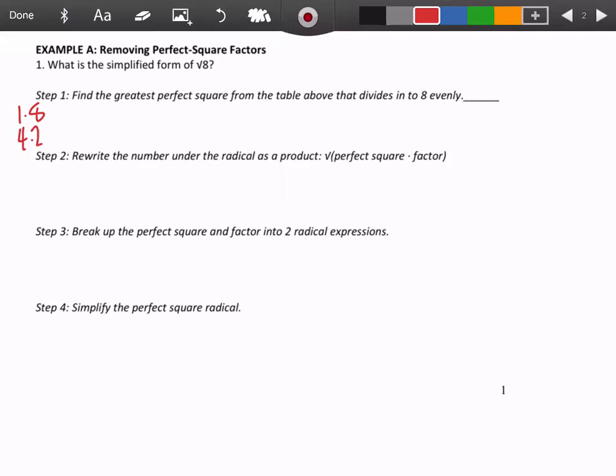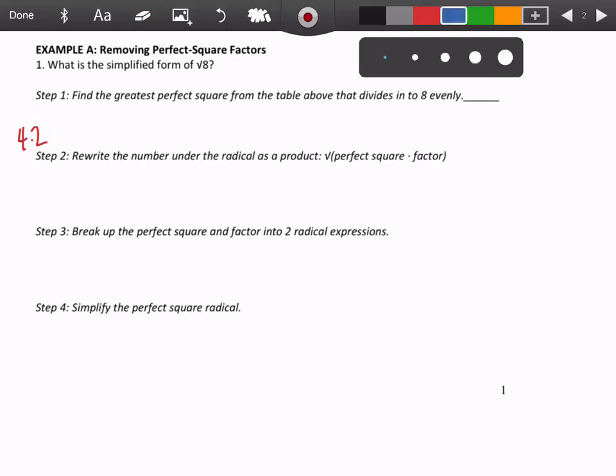Just think of factors, and then you want to narrow that down and think of the greatest perfect square that divides into 8 evenly. So 4 is a perfect square. 1 and 8 are not. Well, 8 is not. 4 is a perfect square, and that is the biggest one that divides into 8 evenly.